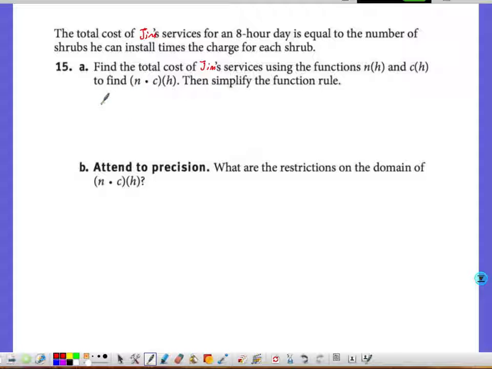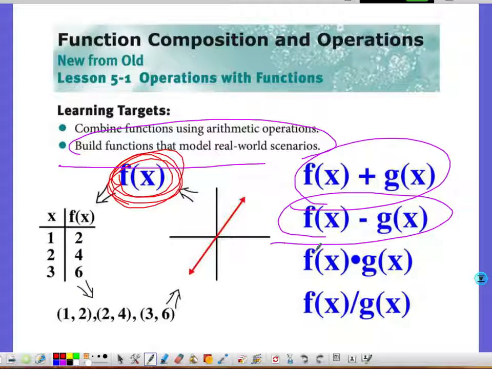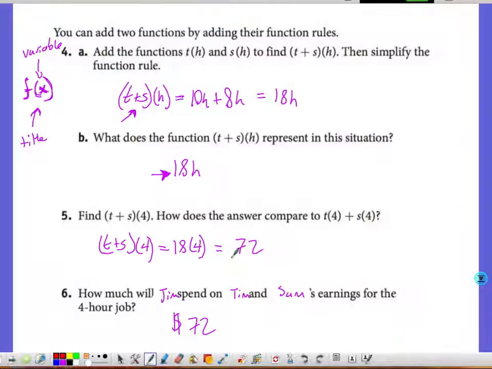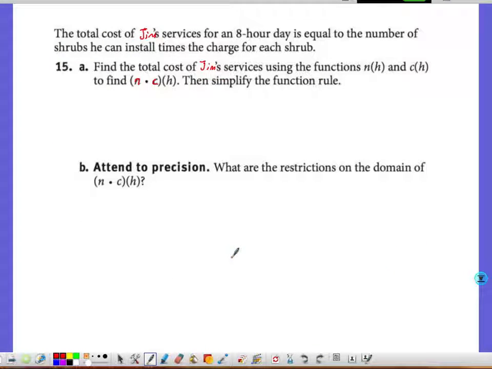So now we're taking the functions n and c, and this time we're going to be multiplying functions. What is that going to look like? Remember, when you're multiplying functions, you want to put each function in parentheses.